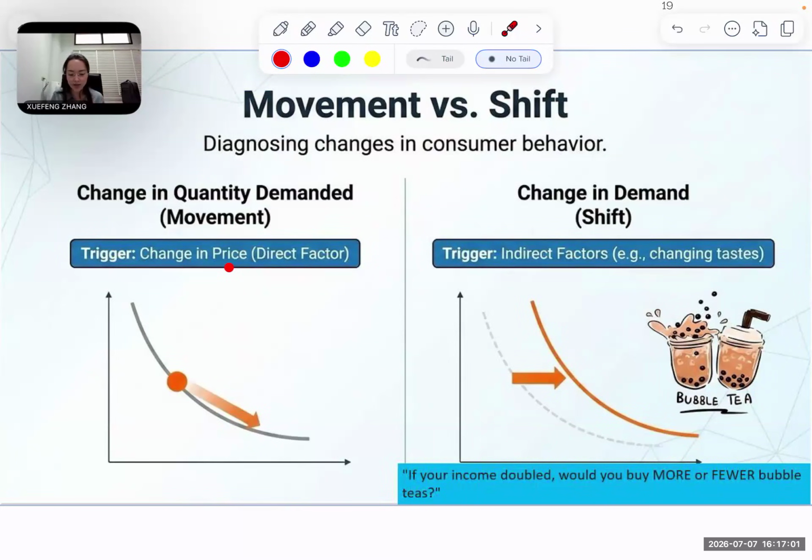It's the price. Change in price, okay, nothing else. Okay, let me finish the graph here. So we have quantity demanded on the x-axis and the price on the vertical axis, okay? So if price changes, this is going to be the movement along the curve.